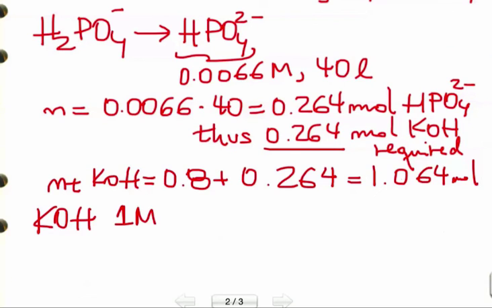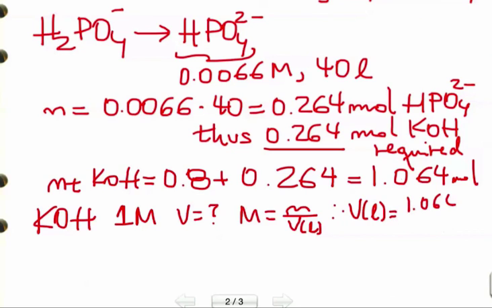The KOH available is 1 molar. We need 1.064 moles, so we can calculate the volume that's needed for that buffer. So again, the same relationship. You can calculate the number of moles by multiplying the molarity times the volume in liter.